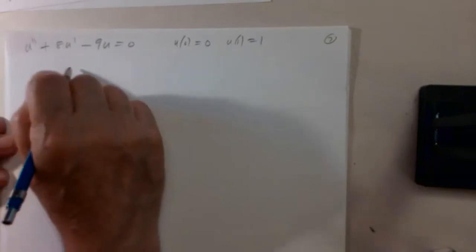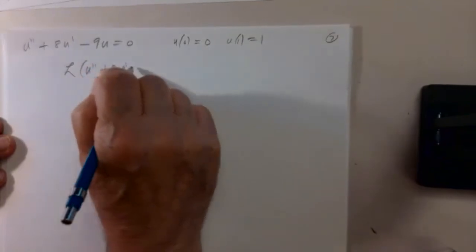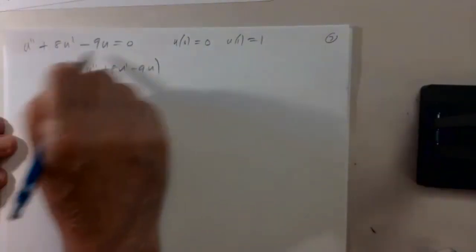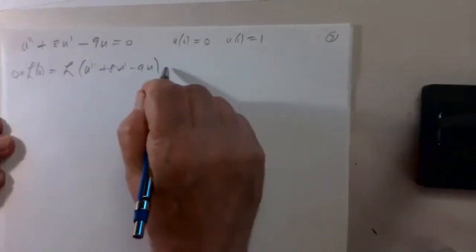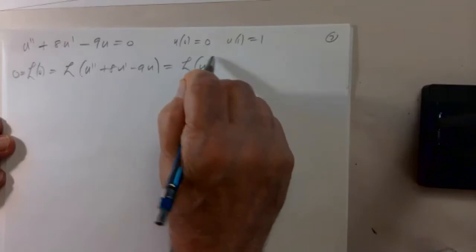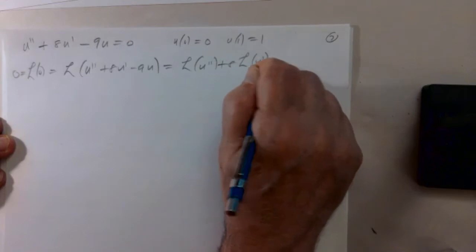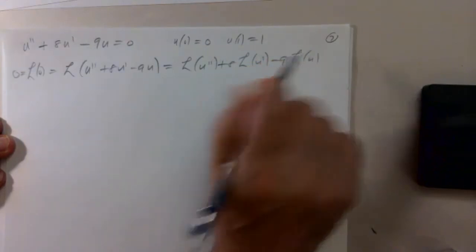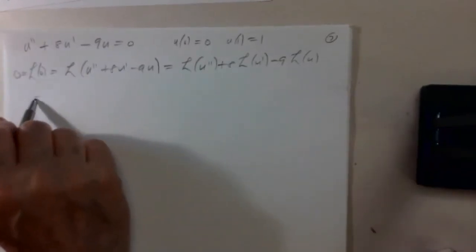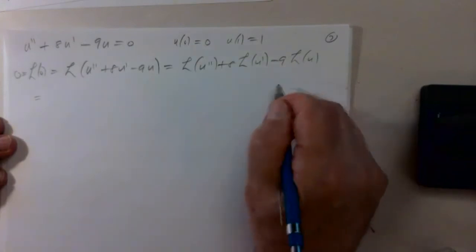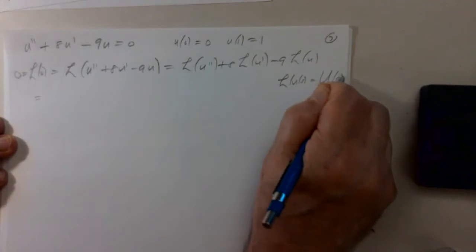So what we will do is take the Laplace transform of this equation, which is the Laplace transform of 0, which is 0. And by linearity, this is the Laplace transform of u double prime plus 8 times the Laplace transform of u prime minus 9 times the Laplace transform of u. What is the Laplace transform of the second derivative? So again, we're going to let L of u be u of s.